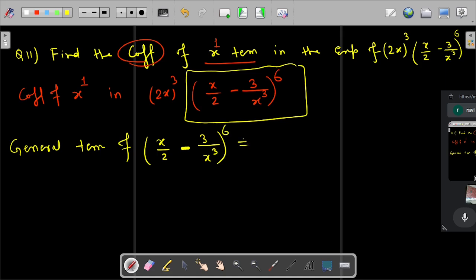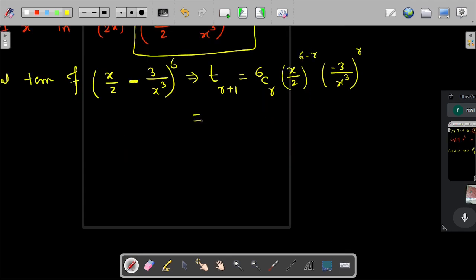So I will write it's T(r+1), the (r+1)th term. So it should be 6Cr, the first term, that is (x/2) raised to power 6 minus r, and the second term, that is (-3/x^3) raised to power r, right? Is it okay?